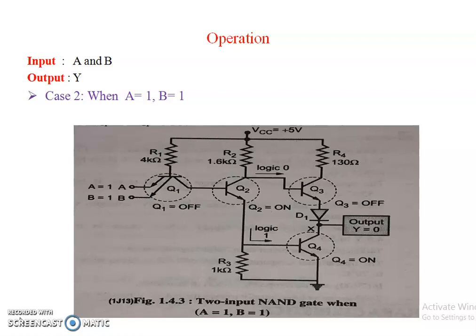The 7400 series is developed by Texas Instruments, with an operational temperature range of 0 degrees Celsius to 70 degrees Celsius, and the 7400 series voltage supply ranges from 4.75 to 5.25 volts. This question is asked in university exams.